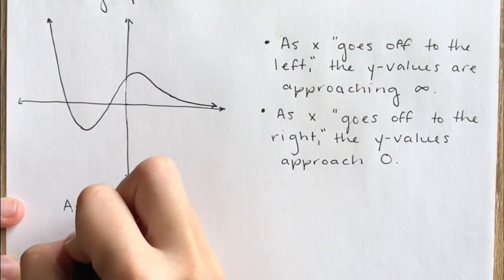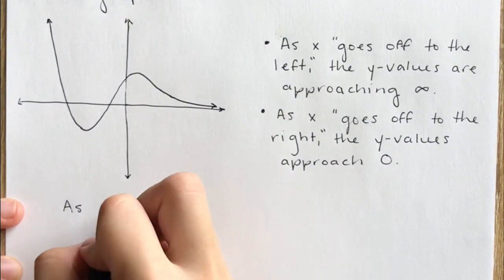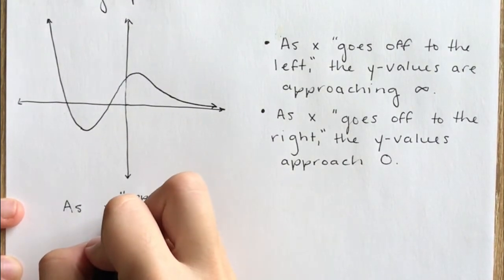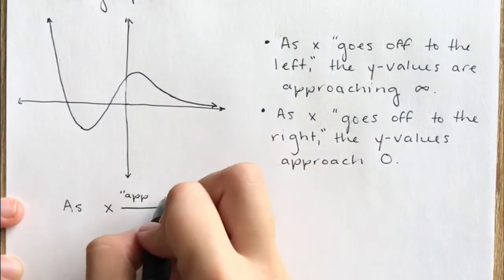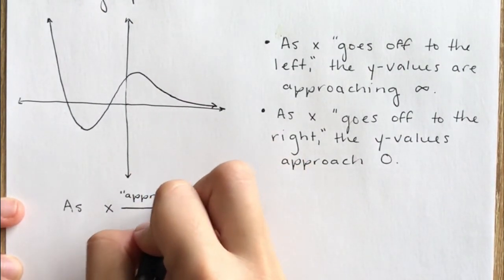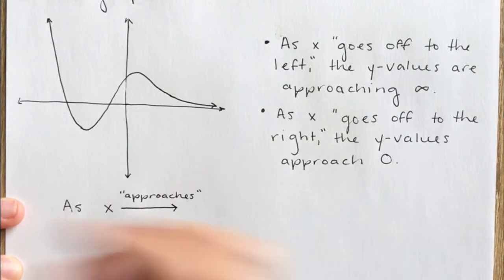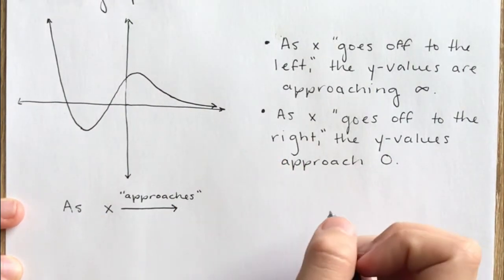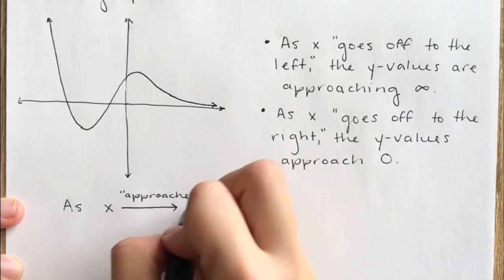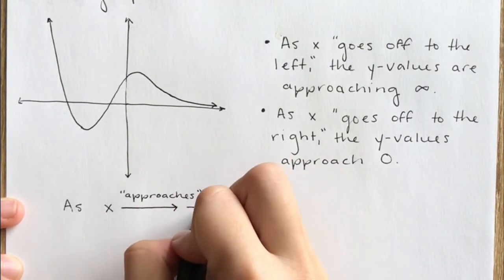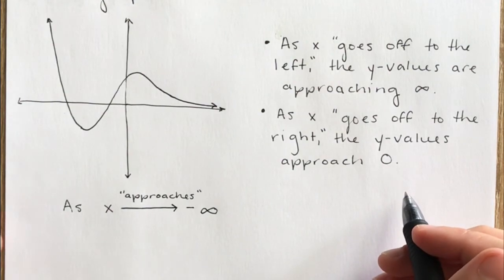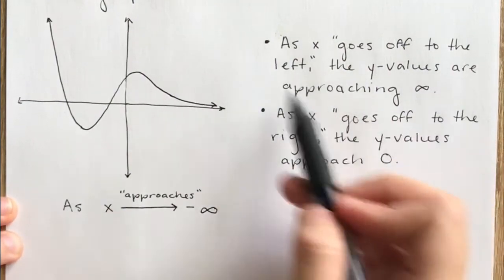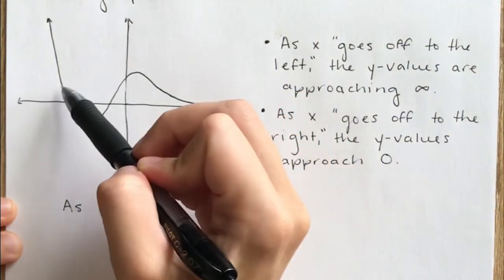As x approaches, we draw this arrow. It's usually not that long, but I want to fit the word approaches over the top so that we think about that's what it means. So as x approaches negative infinity, so this first one, as we're saying, goes off to the left.